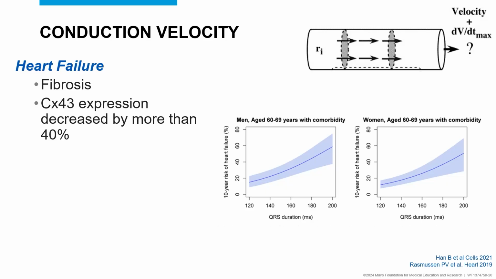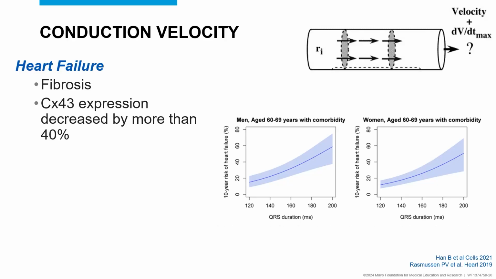You can see that manifest in your QRS duration on the right panel there. As QRS duration goes up, so does mortality and so does incidence of heart failure. The wider the QRS, the slower the conduction and the more likely re-entry.